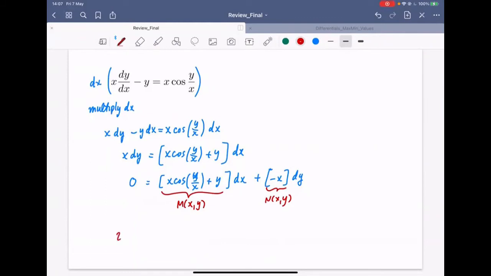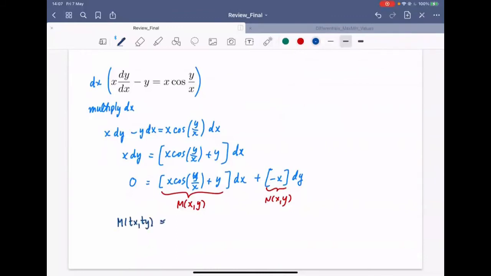So for sure you have two choices: either it's a homogeneous or an exact differential equation. We're going to do homogeneous for this question. For homogeneous, I check M(tx, ty) first.